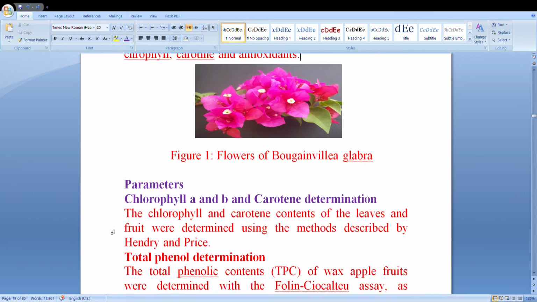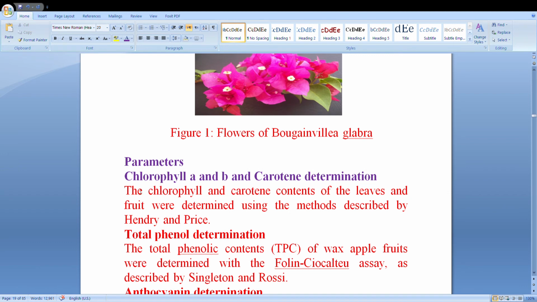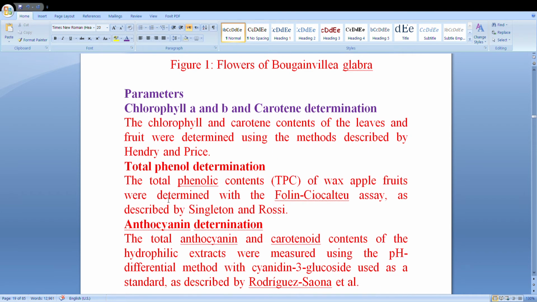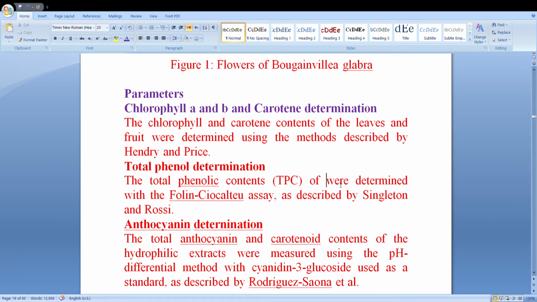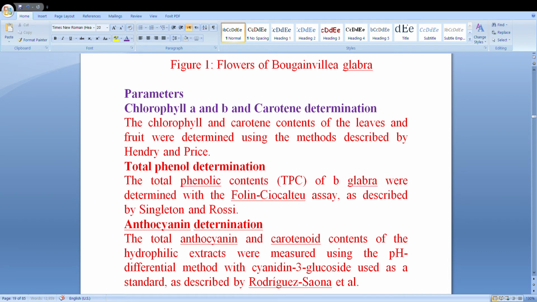So we can see different parameters: chlorophyll A, B, and carotenoid determinations, and total phenol content determination. This is Bougainvillea glabra varieties, and this is the foliage assay.